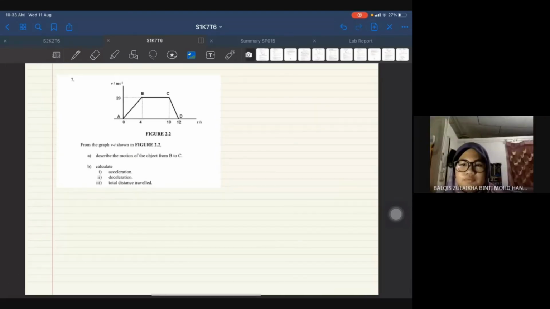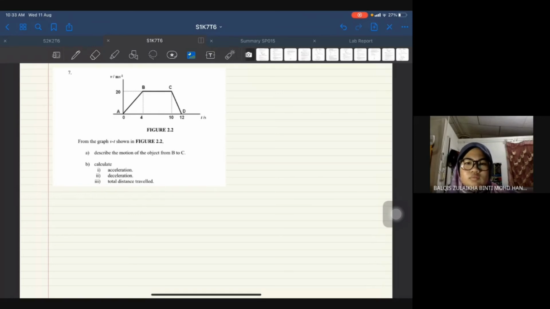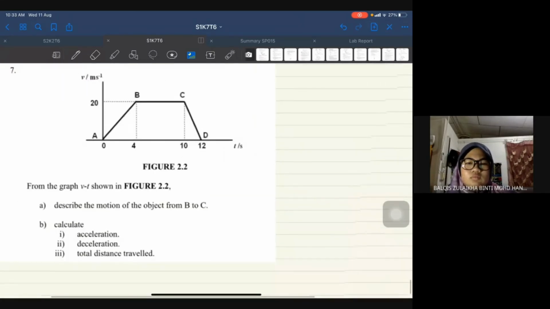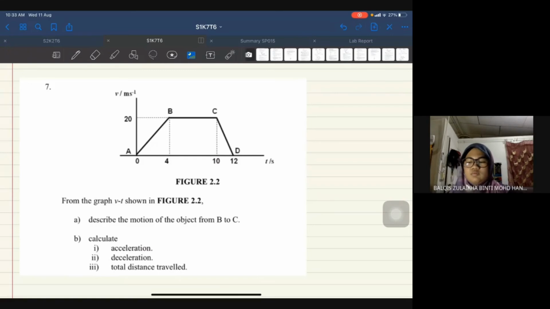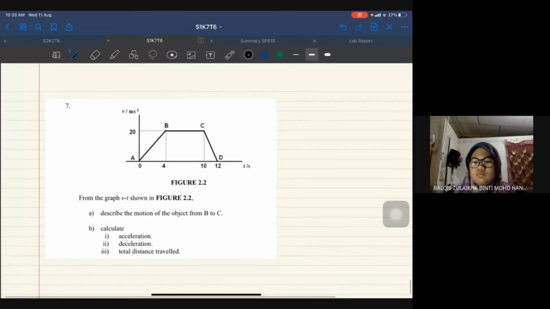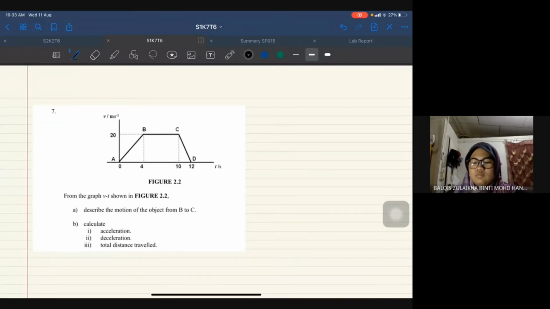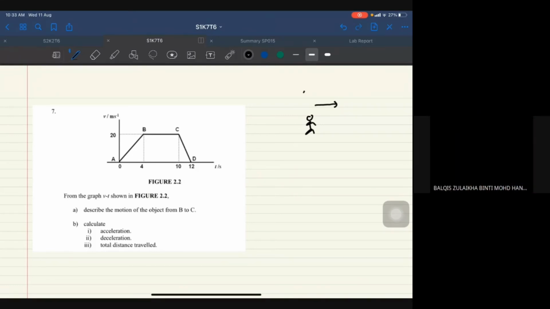So, apa yang kamu buat tadi, you are given a V against T graph. So, again, kalau kamu nak bayangkan jalan cerita dia boleh. Initially from 0 to 4, apa yang berlaku dekat sini? Katakan this is a person. 0 to 4 second, velocity dia increase. Betul? Direction dia ke kanan. Dia daripada 0 ke 20 meter per second. Okay, lepas tu apa yang berlaku?